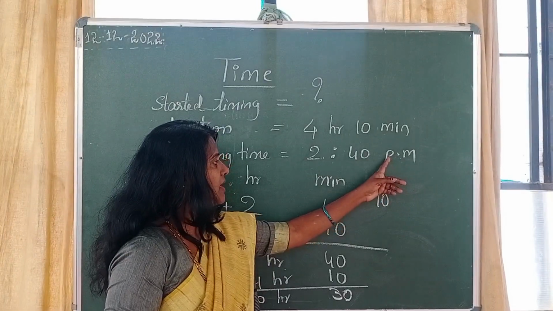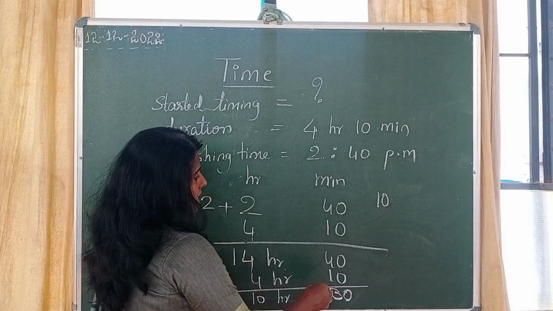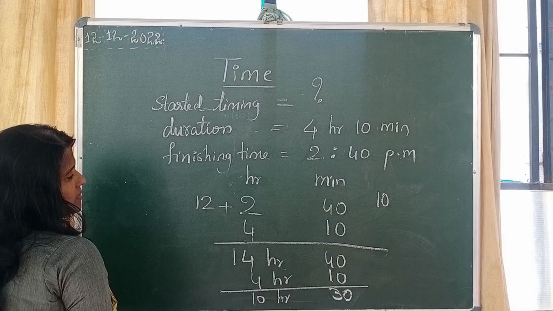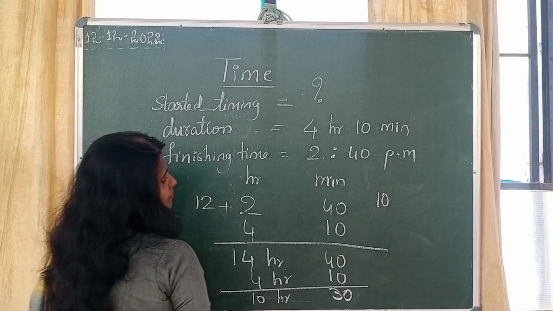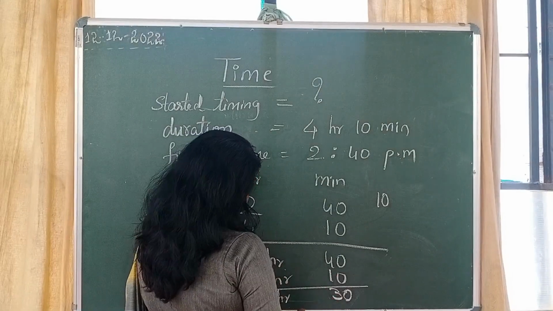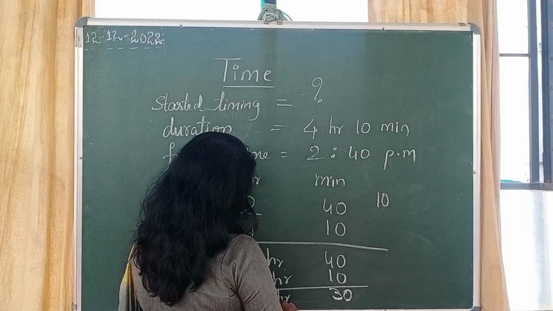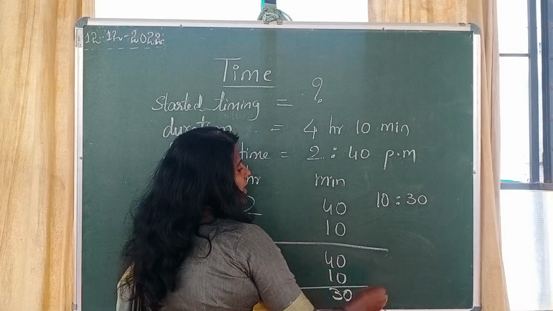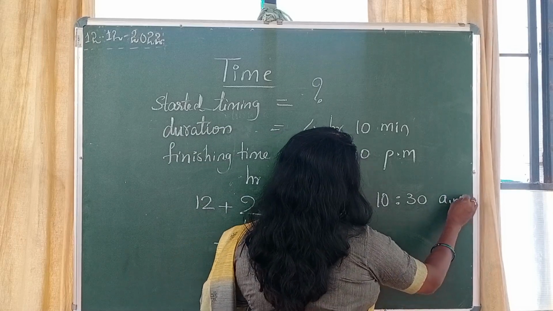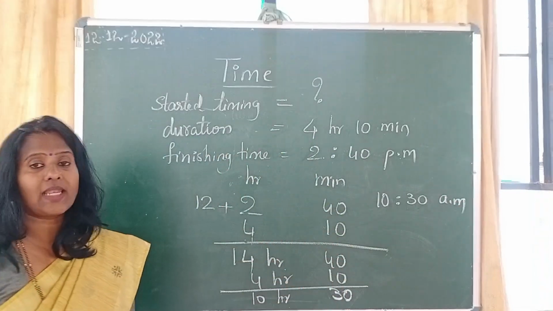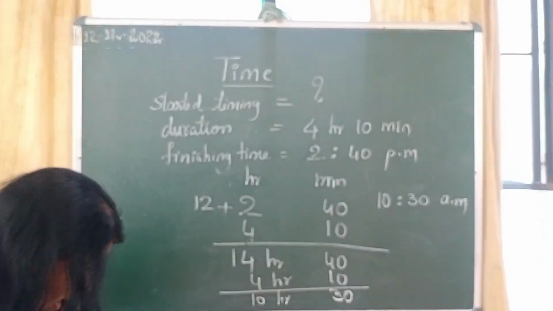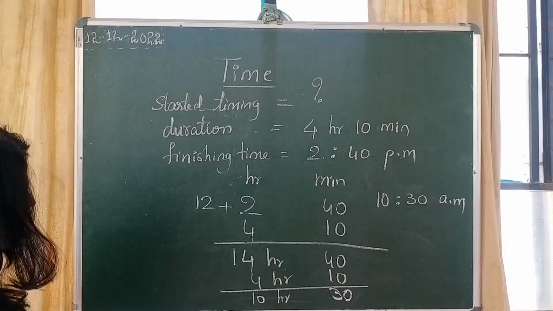See here the answer, this is PM, no? So at what time has he started the drawing? 10:30 AM, because it has crossed 12 hours. So 10:30 AM is the answer.